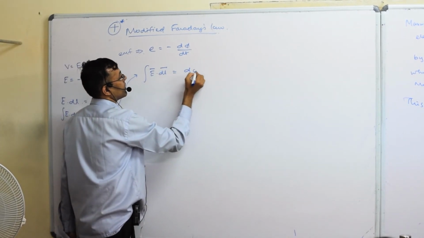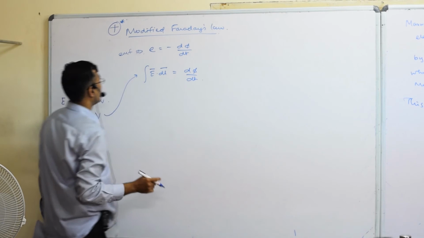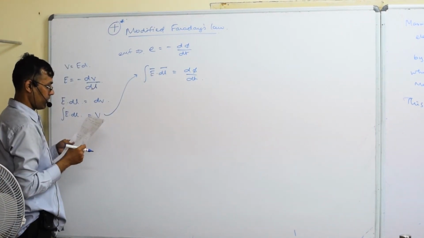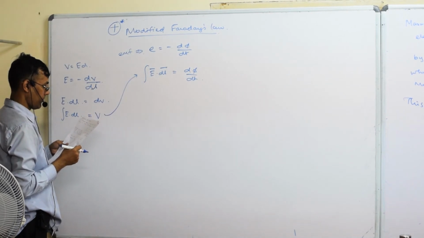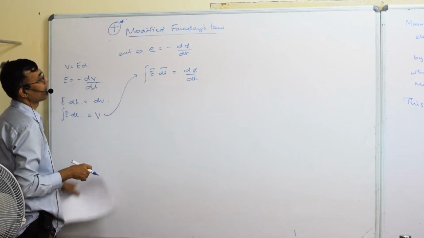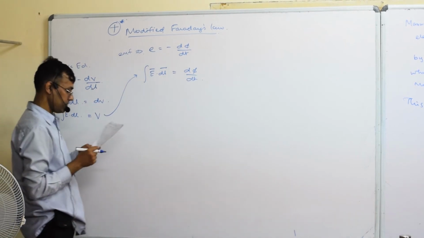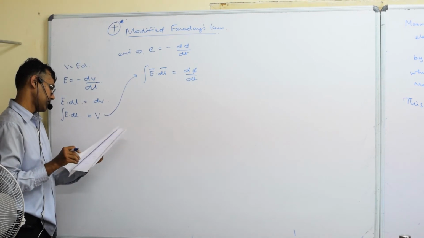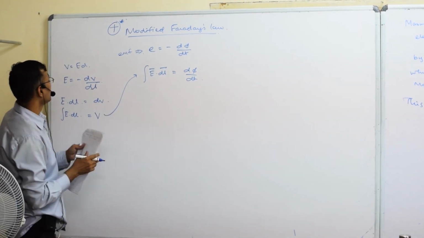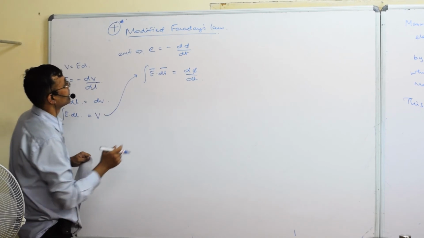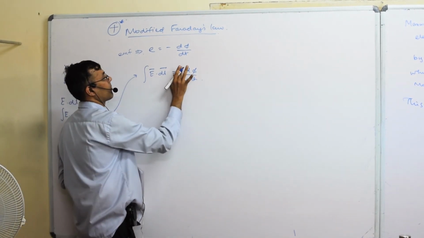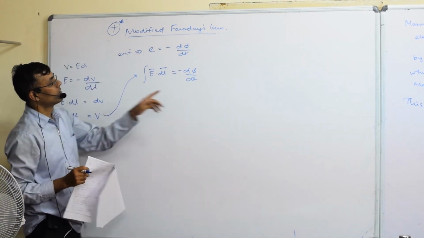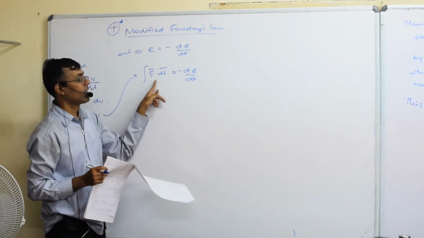equal to minus dΦ/dt. I think this minus and this minus are kind of removed, so that's why I am not showing the minus. It is still there, okay. So now look at this. This is the changing magnetic field, this is the electric field.